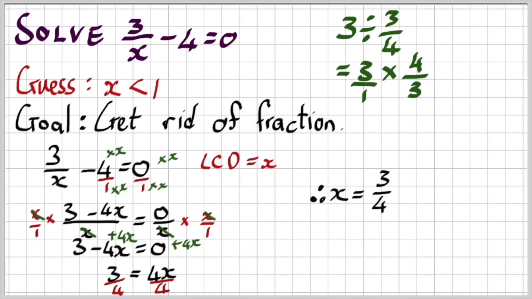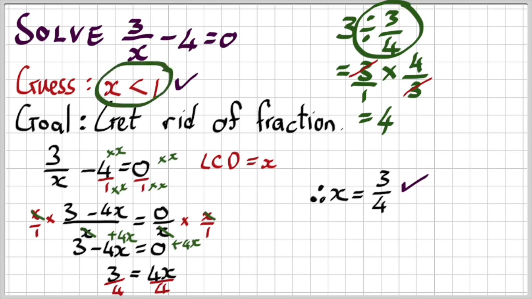So 3 over 1 times by 4 over 3. 3 goes into 3 ones, leaving me with an answer of 4. So if I divide by something that is smaller than 1, it makes my 3 bigger.